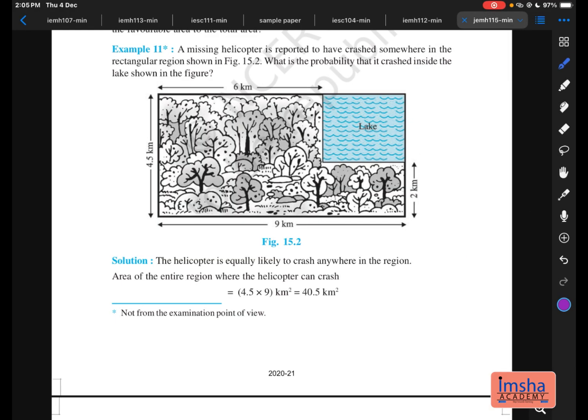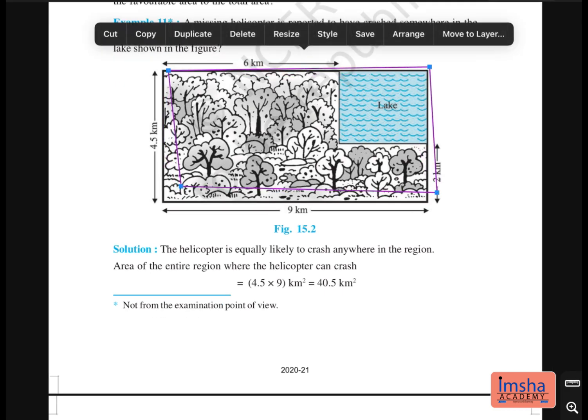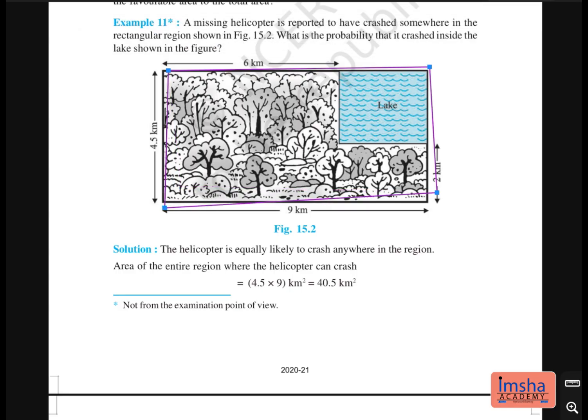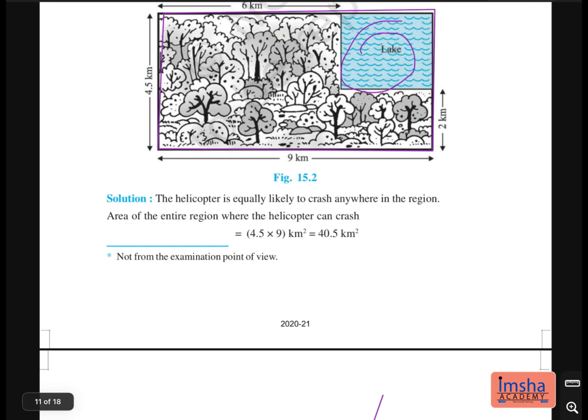See the next question. A missing helicopter is reported to have crashed somewhere in the rectangular region. What is the probability that it crashed inside the lake? So this is the rectangular portion. They are asking what is the probability that it crashed inside the lake. The helicopter is equally likely to crash anywhere in the region.